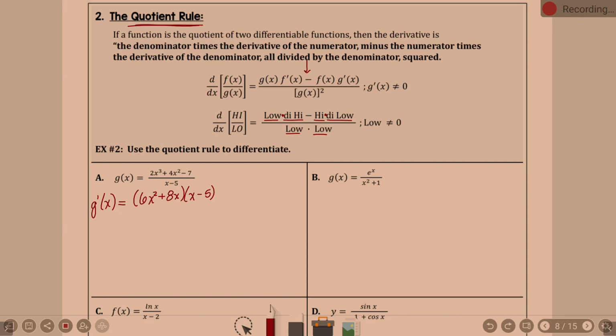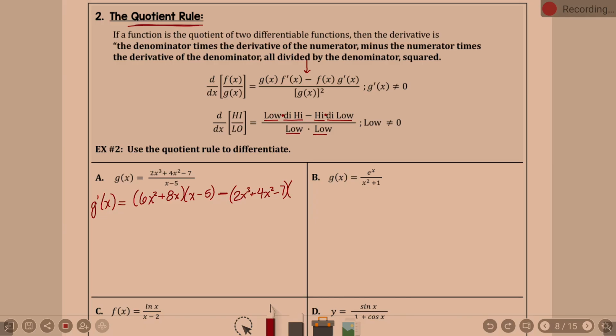It's quotient rule, so it is subtracting. And now you do the other two. So now you keep the top, 2x cubed plus 4x squared minus 7, times derivative of the denominator.